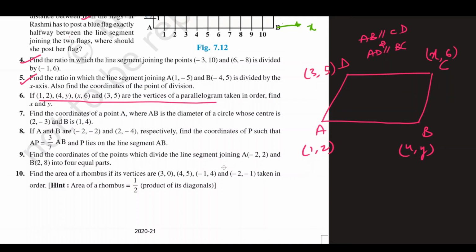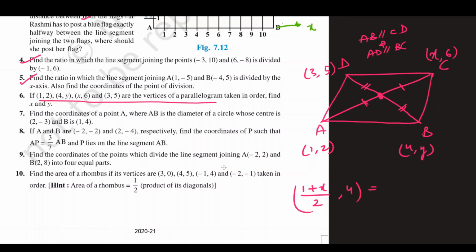So the question is, if we join these two diagonals, it always cuts at the midpoints. So this is the midpoint of AC. If we say that it is the midpoint of AC, then its coordinate will be (1 plus x)/2, comma (2 plus 6)/2, that is 4.